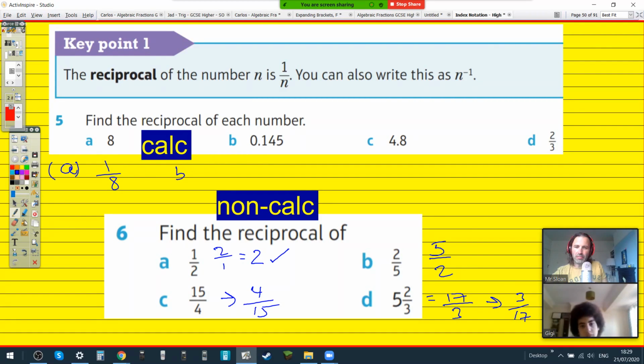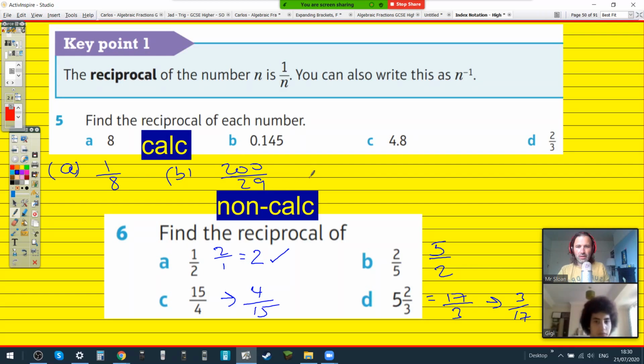How do you do B? 0.145. You convert that into fractions. It's 29 over 200, so it'll be 200 over 29.